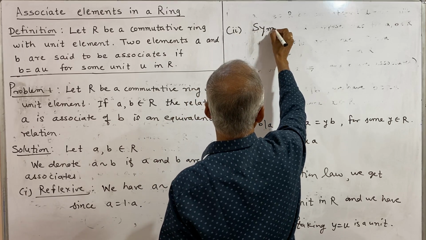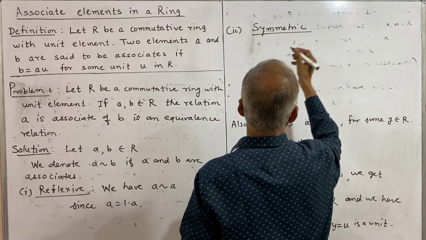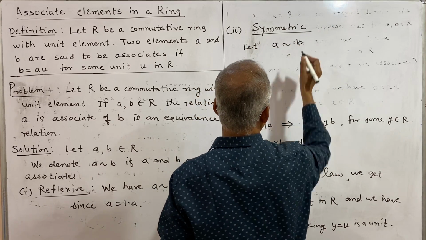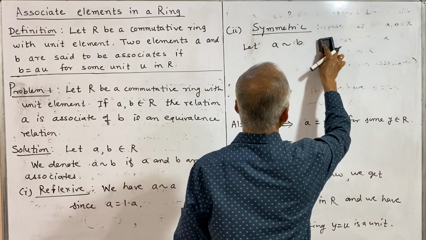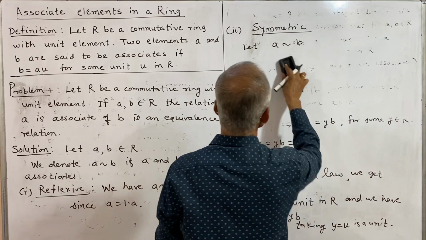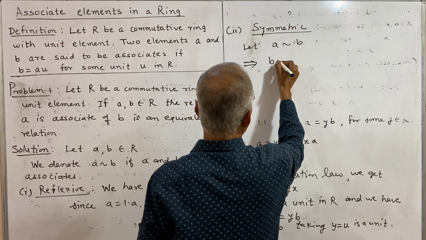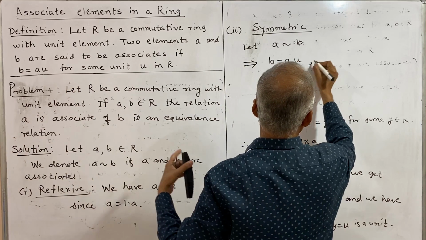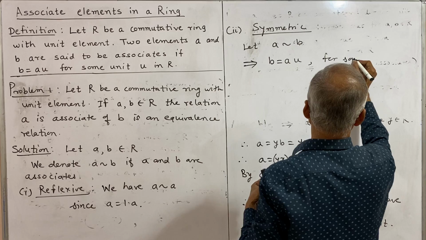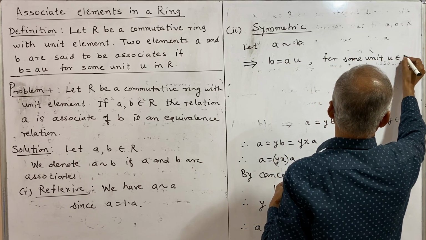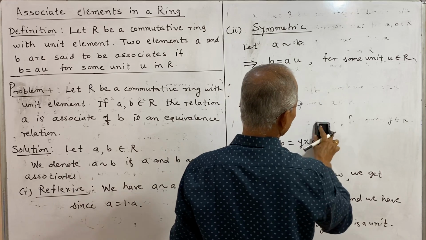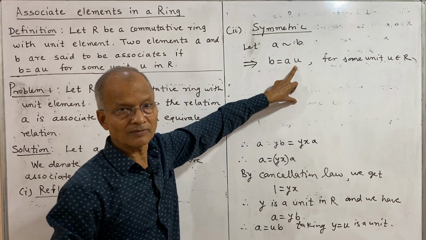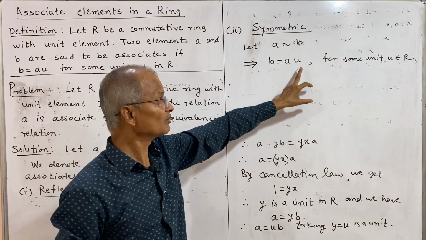Second condition, symmetric. Let A and B be associates, and that means B is written as A U for some unit U in R. So B is equal to A into U for some unit U belonging to R. U is a unit, and a unit is that element which has a multiplicative inverse.